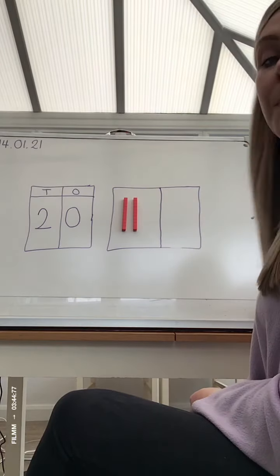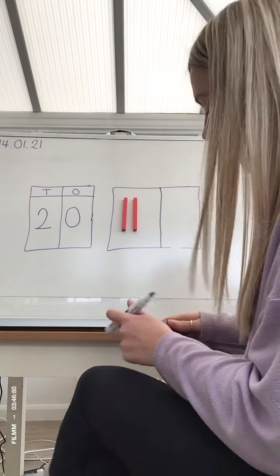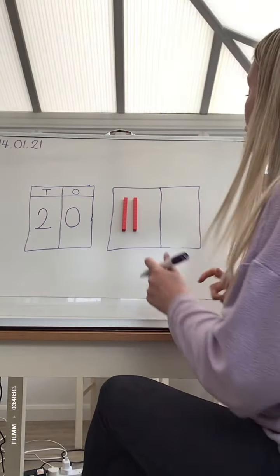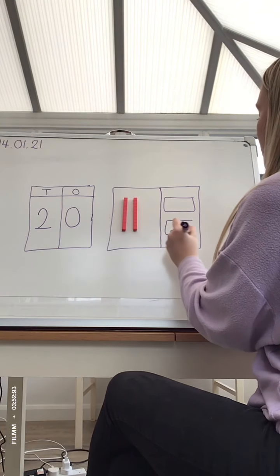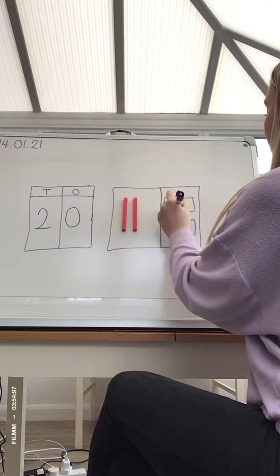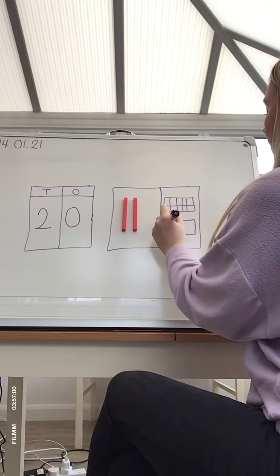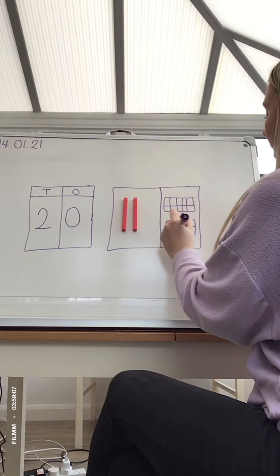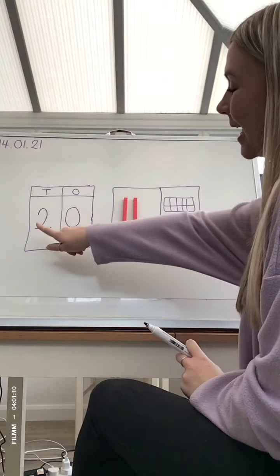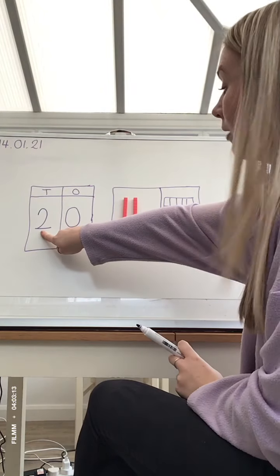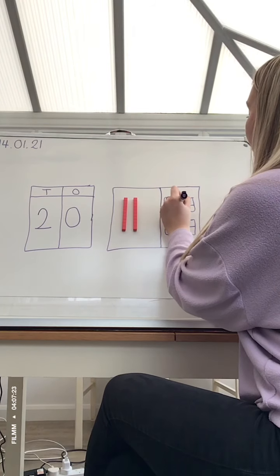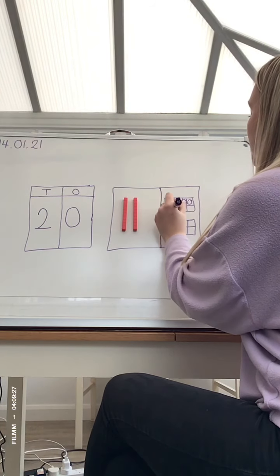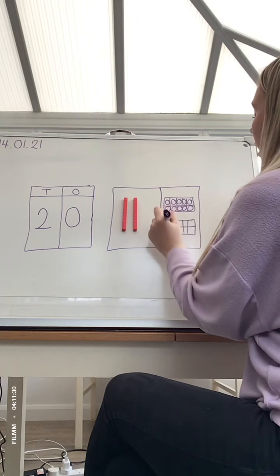Now I want to show a pictorial representation of the number 20, and I can do that by drawing counters. So I'm going to draw myself 2 tens frames, and I'm going to represent the number. Again, I'm going to see how many groups of 10 there are. I can see there are 2 groups of 10, so I'm going to make sure that I have 2 tens frames that are full of counters.